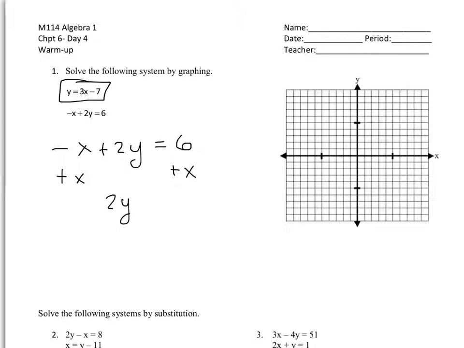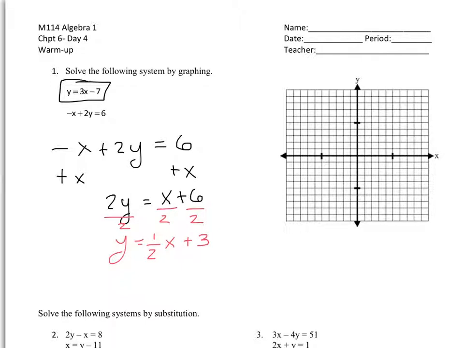So then 2y is equal to x plus 6. And then I need to divide by 2. So then y is equal to x over 2, which is 1/2 x, and 6 divided by 2 is 3.